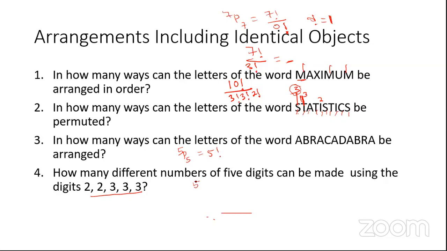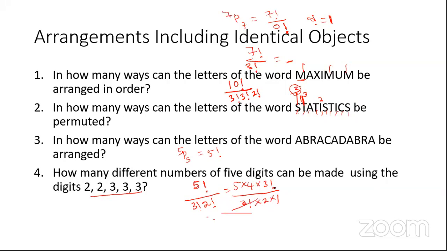You now divide by the repetitions. 3 is repeated 3 times, so 3 factorial. 2 is repeated 2 times, so 2 factorial. So 5 times 4 times 3 factorial divided by 3 factorial, times 2 times 1.